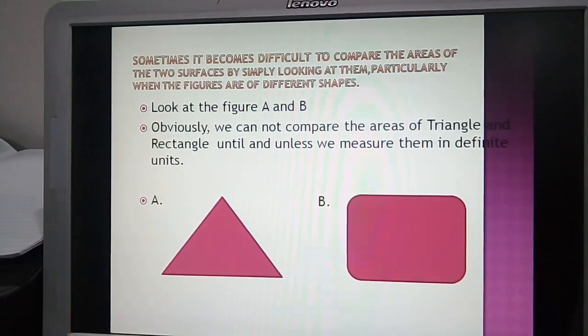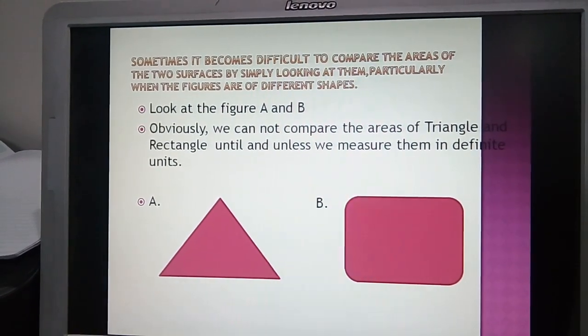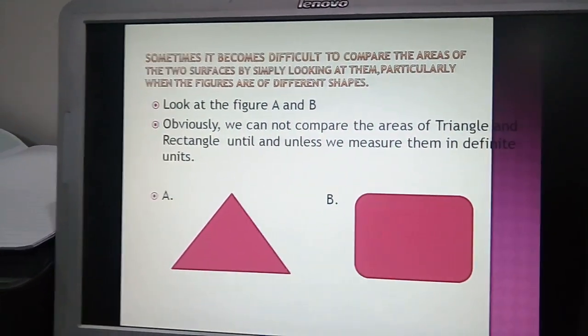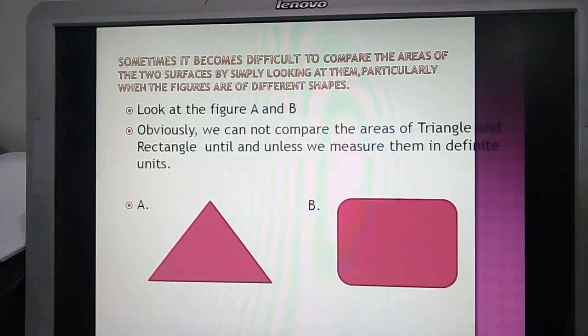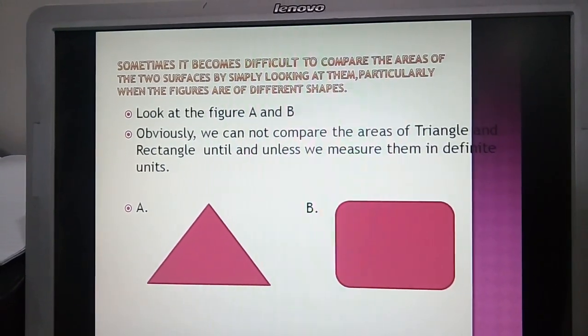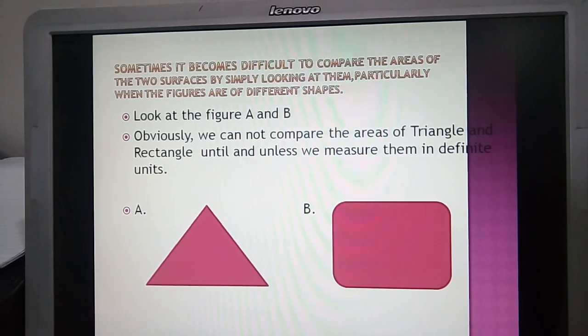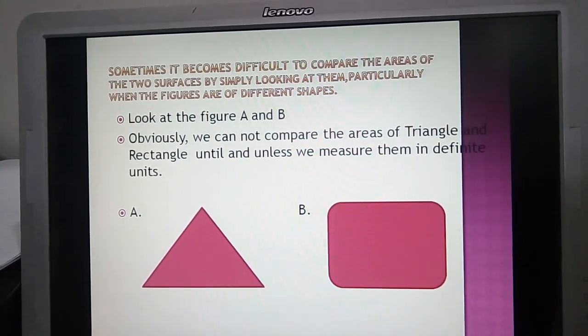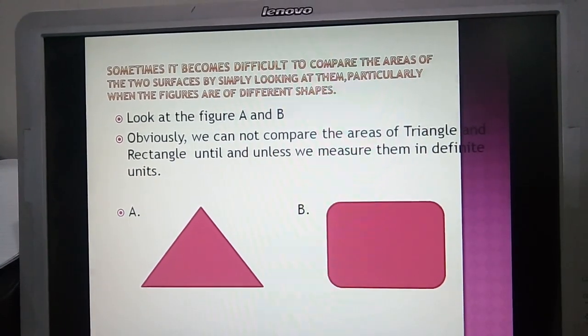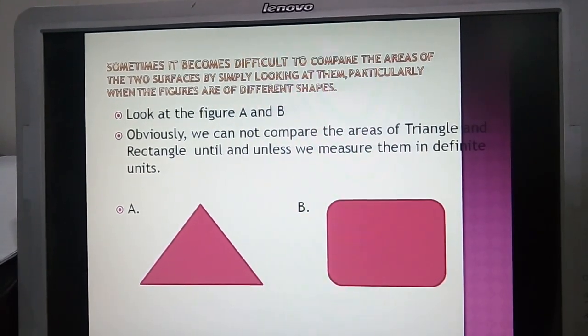Sometimes it becomes difficult to compare the areas of the two surfaces by simply looking at them, particularly when the figures are of different shapes. Look at the figure A and B. Obviously, we cannot compare the areas of triangle and rectangle until and unless we measure them in definite units.